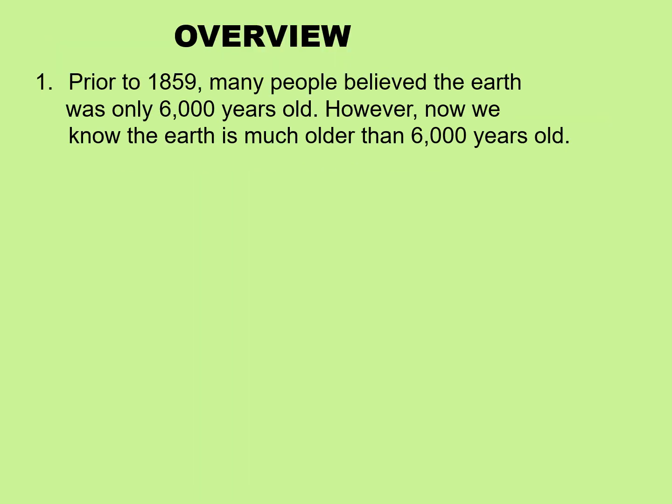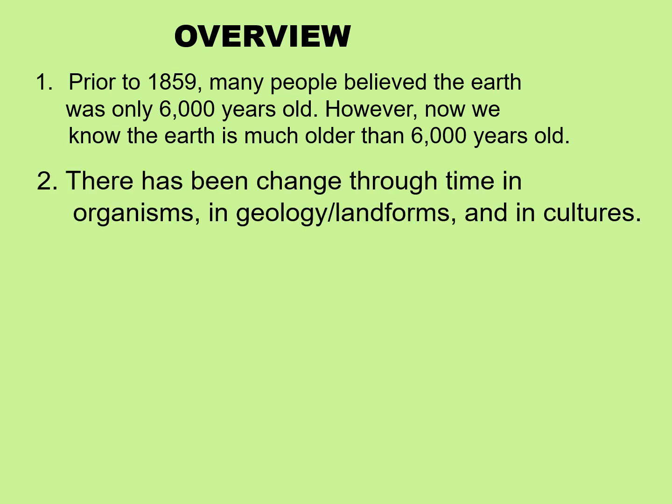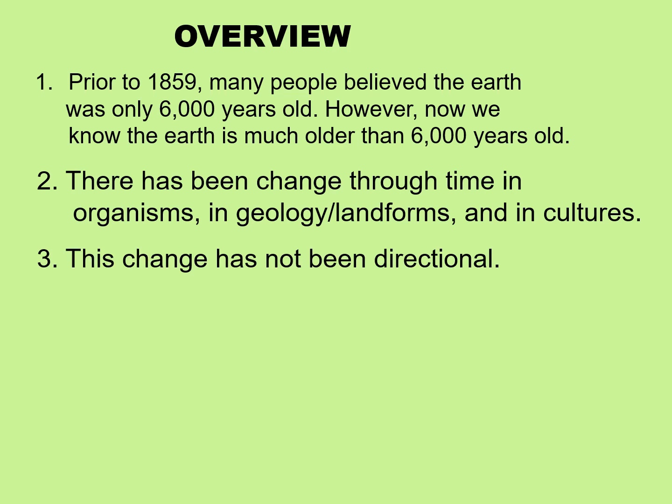To review, prior to 1859, many people believed the Earth was only 6,000 years old. However, now we know the Earth is much older than 6,000 years old. There has been change through time, not only in geology, landforms, but in organisms and also in cultures. This change has not been directional.